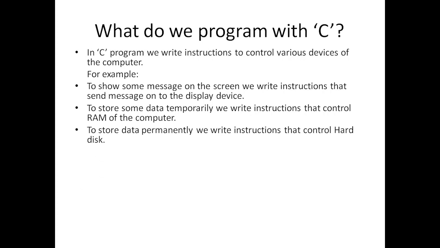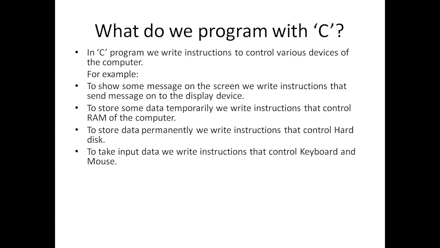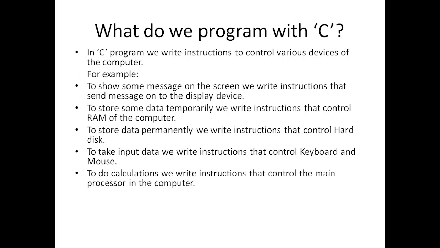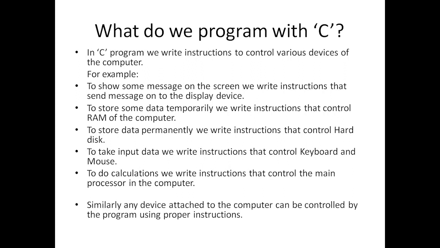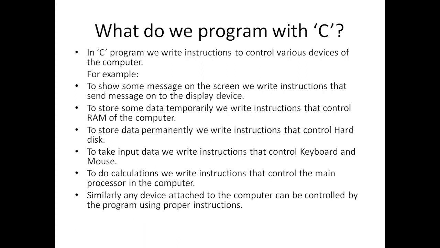To store data permanently, we write instructions that control the hard disk. To take input data, we write instructions that control the keyboard and mouse. To do calculations, we write instructions that control the main processor of the computer. Similarly, any device attached to the computer can be controlled by the program using proper instructions.